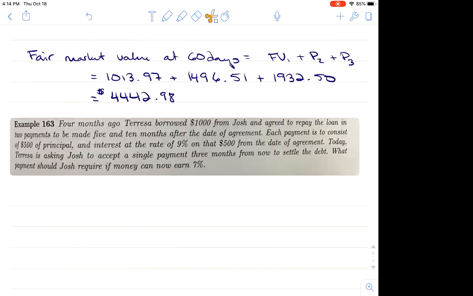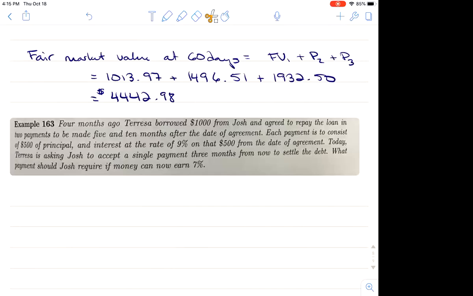4 months ago, from today, of course, Teresa borrowed $1,000 from Josh and agreed to repay the loan in 2 payments to be made 5 and 10 months after the date of the agreement. Right, so 5 and 10 months from 4 months ago. I don't like that. Well, let's see what we can do with it.